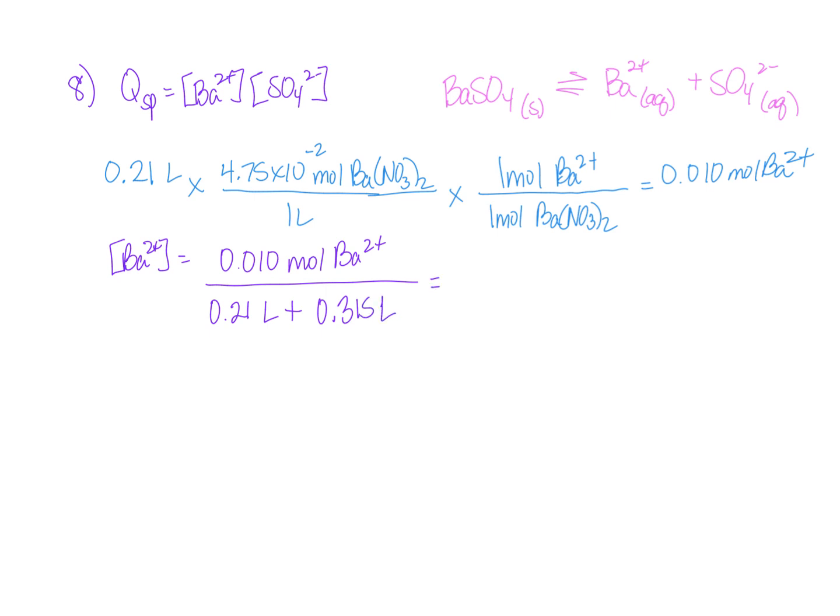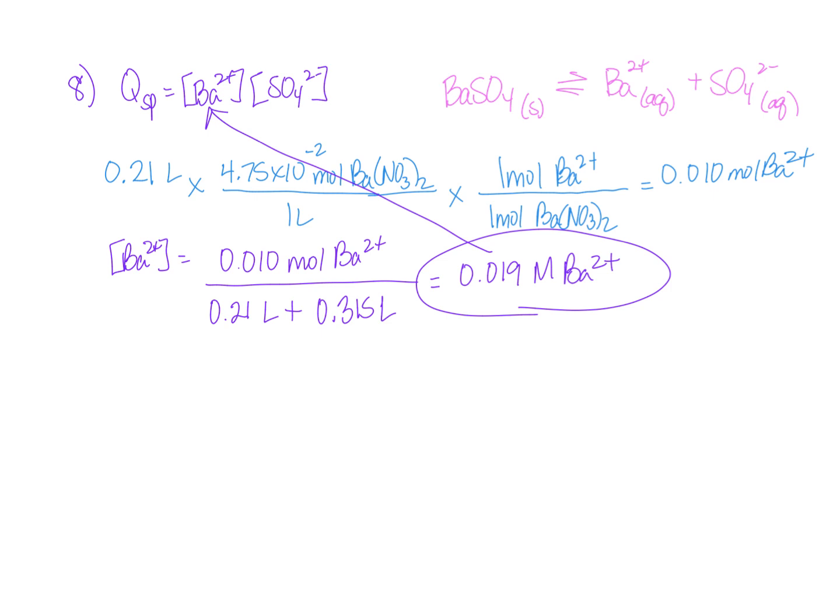This is going to give me my new concentration of Ba2+. So I got 0.019 molar Ba2+. After I do the next part, I'll take this answer and plug it in here. And that's part of finding my Qsp.